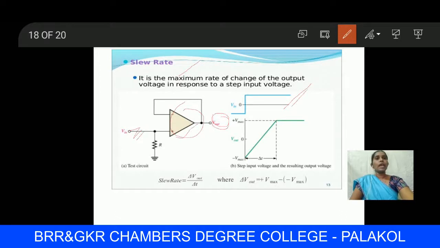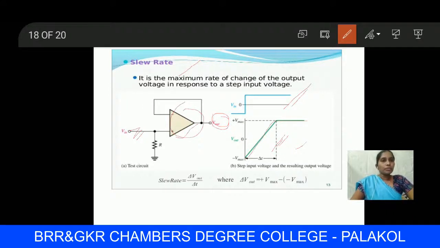When the input is a step signal, the resulting output voltage is also a step, an increased step signal.